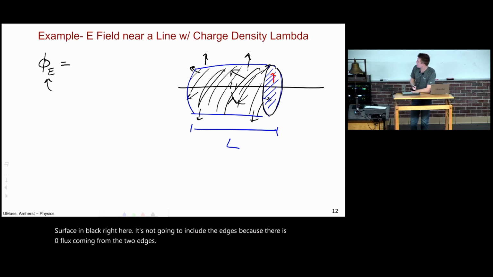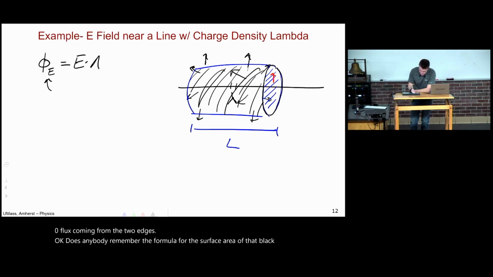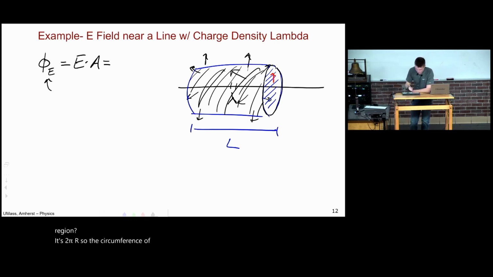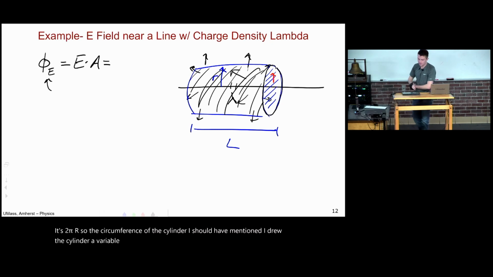Okay, does anybody remember the formula for the surface area of that black region? It's 2 pi r, so the circumference of the cylinder. I should have mentioned I drew the cylinder a variable distance r away from the center, times the length of the cylinder.